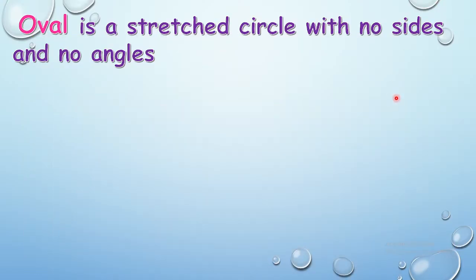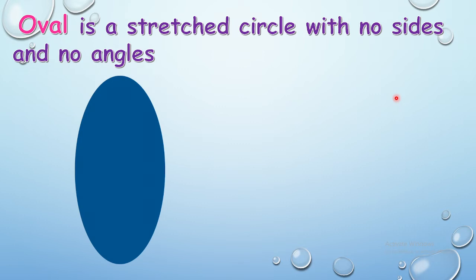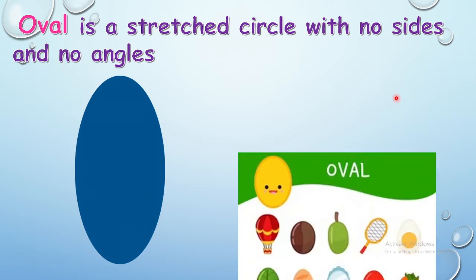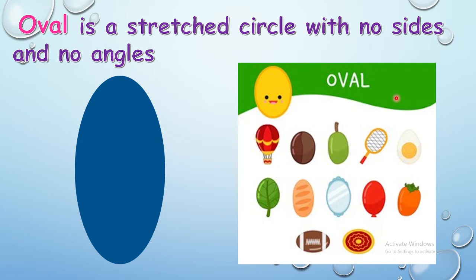Okay, now can you say some things that are oval in shape? What things are oval? It's so hard. This, egg, mirror, balloon, some fruits, right?